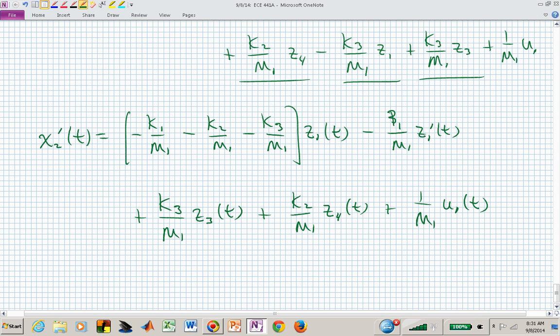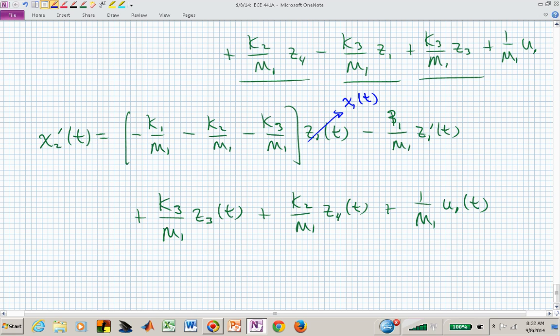We now need to go back to how we defined our state variables and substitute those state variable components into the appropriate location as to what they correspond to on our z's. Z sub 1, that was simply what we were calling x1 of t in our state variable. That was the position of mass 1.